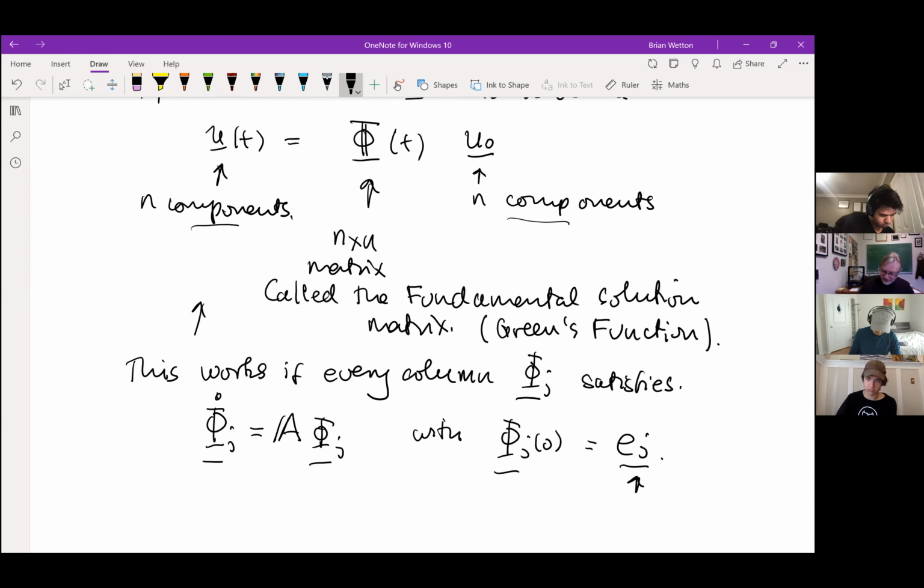This is the jth standard unit basis vector.